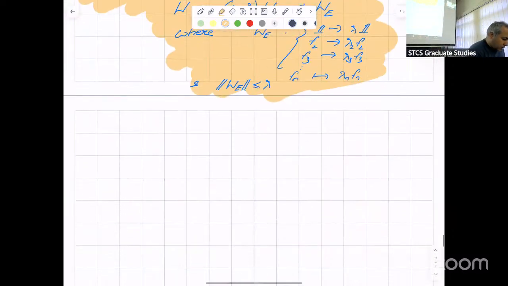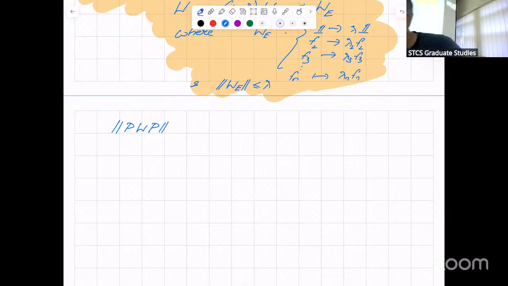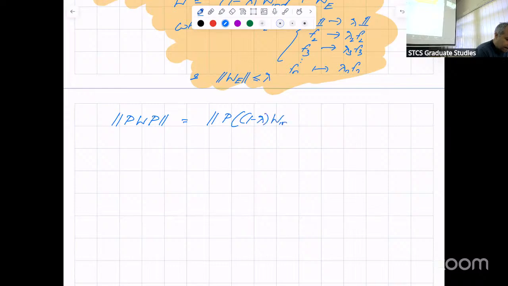Now let's go back to our proof. We want to bound the norm of P W P. I'm going to write this as P times ((1 minus lambda) W end plus W error) times P, the norm of this.